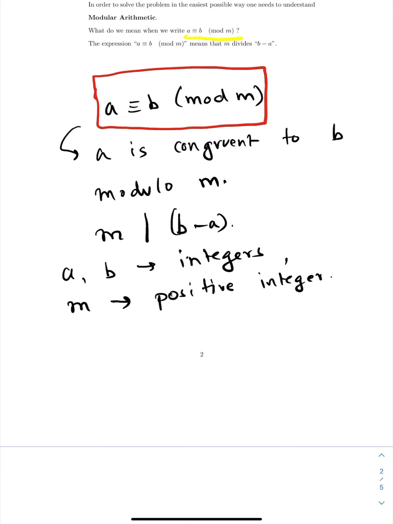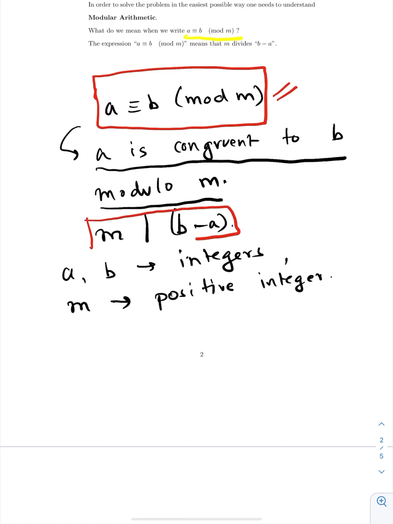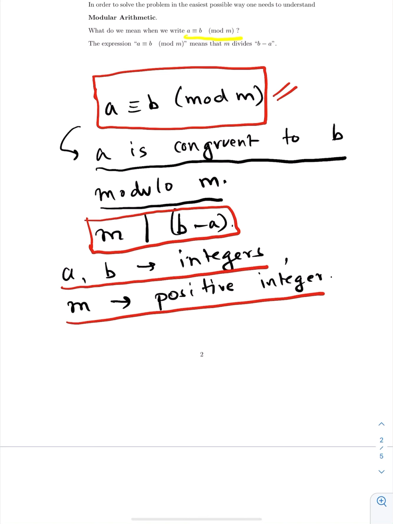You say A is congruent to B modulo M, and what that entire notation means is basically that M divides B minus A. A very crucial part is to understand that A and B can be any integer, and M is a positive integer.